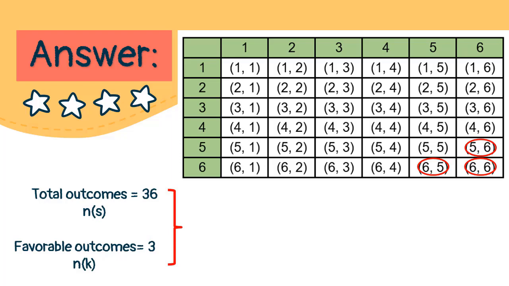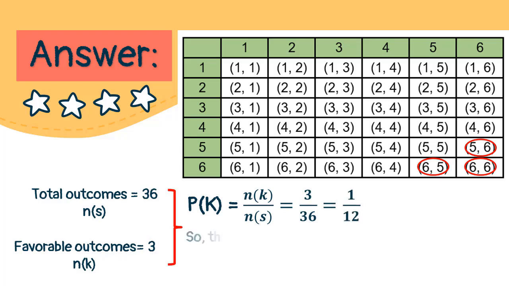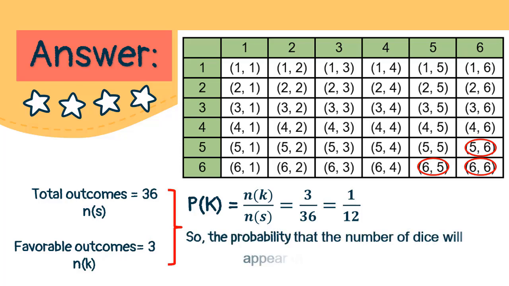So, the value of the probability is 1/12. So the probability that the sum of the dice will appear more than 10 is 1/12.